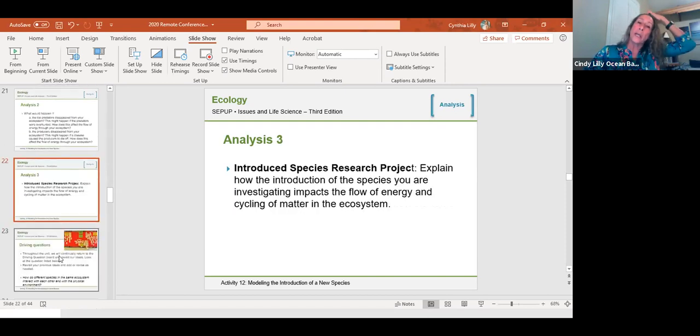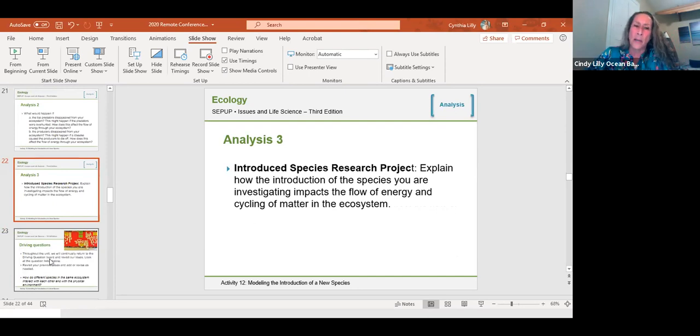And then they start looking back at their invasive species project and just starting to apply this to the organism that they started doing research with at the beginning of this unit. And how does that species impact the flow of energy and the cycling of matter?